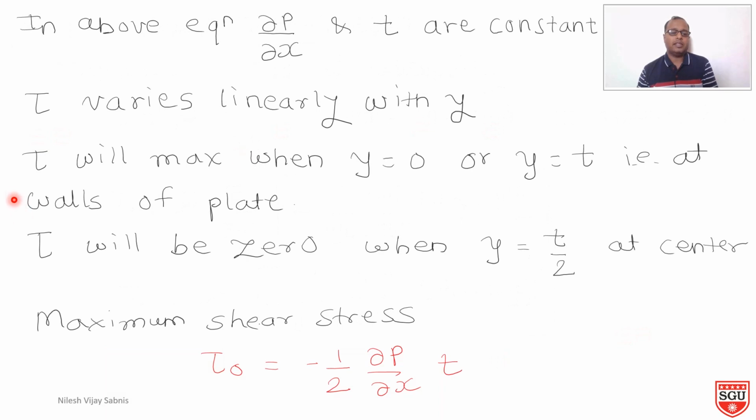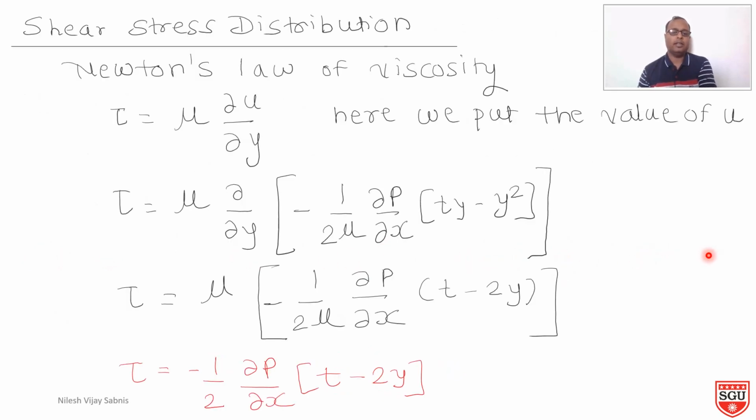This we have discussed. Tau will be maximum when y is equal to 0 or y is equal to t, that is at the walls of the plate. Tau will be 0 when y is equal to t by 2 at the center, because t minus t will be there and the equation will be 0.